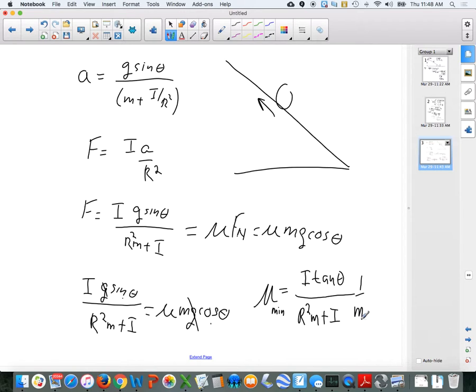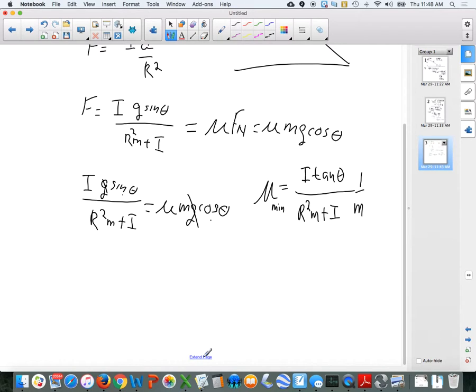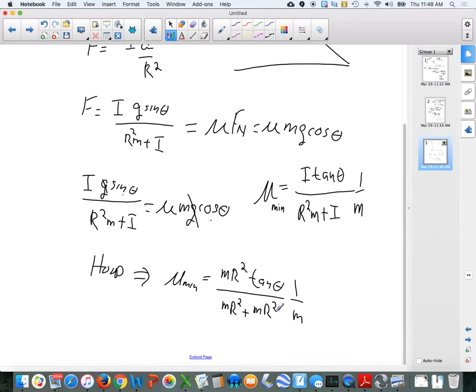Is it also r squared m squared? I think r squared m is good. Because the next thing to do would be, let's look at a hoop. This would look like mu minimum is m over r squared tangent theta divided by m r squared plus m r squared.